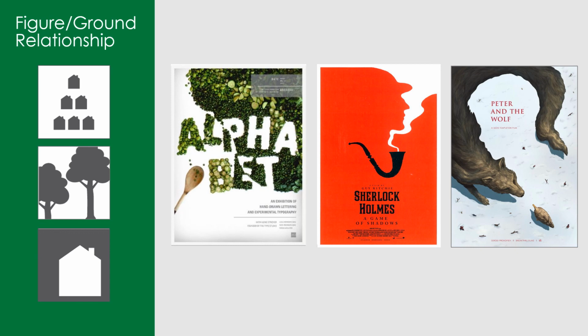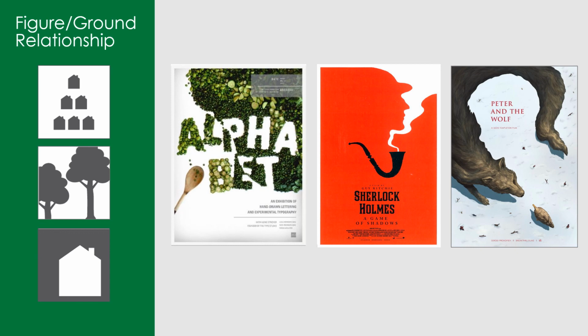However, the gray elements are very clearly recognizably trees, right? I've zoomed in, they're kind of cropped off, but you can still see that's two gray trees on a white background. So again, the figures are the trees and the ground is the white, because the white negative space isn't anything recognizable, so then it's the ground.